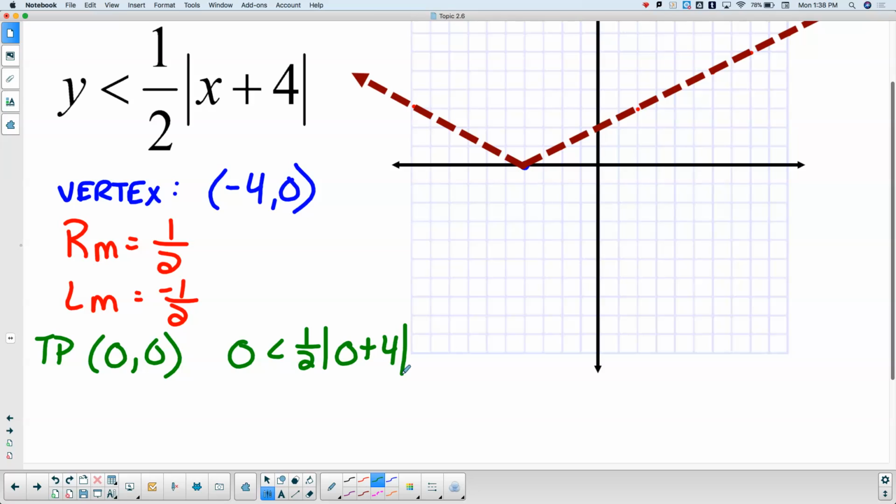Absolute value of 4 is 4 times 1/2 is 2. Is 0 less than 2? Yes, that is a true statement. And so since my test point is outside the absolute value, I'm going to shade the entire outside of the absolute value.